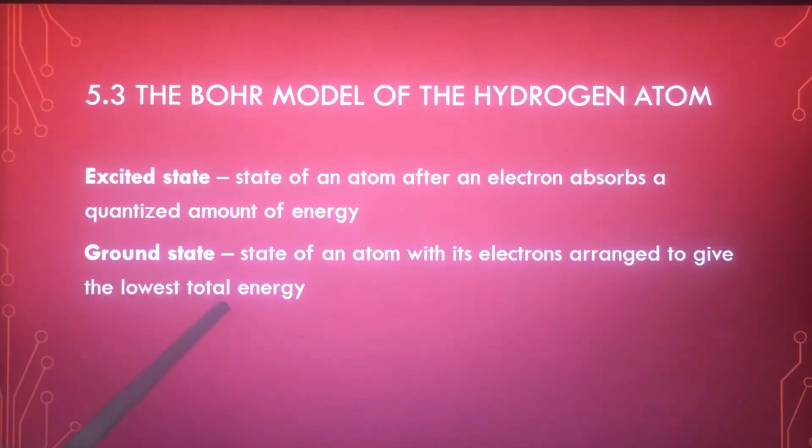The ground state is when the electrons of the atom are arranged to give the lowest total energy. That means the electrons are found in low energy levels, n is equal to 1, n is equal to 2. As long as the electrons are in the low energy levels, we say it is in the ground state.